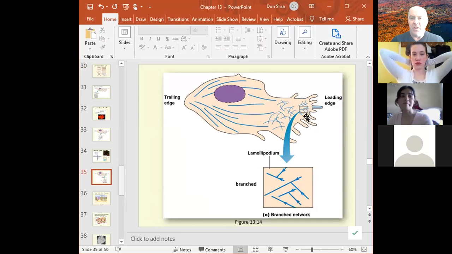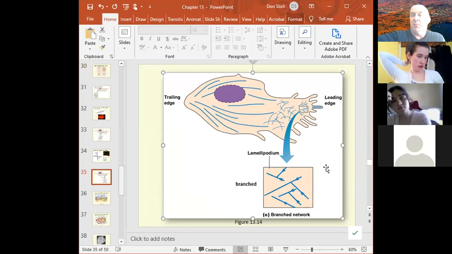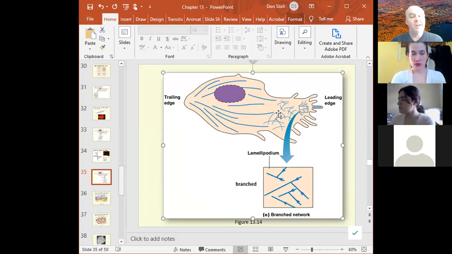And the extension of that lamellipodium has to do with polymerization of these microfilaments. So they're getting longer and longer and pushing the plasma membrane forward. And part of that is branching. So back here in the cortex and in the other ones, there's no branching. They're all just straight polymers. And here they start to branch.